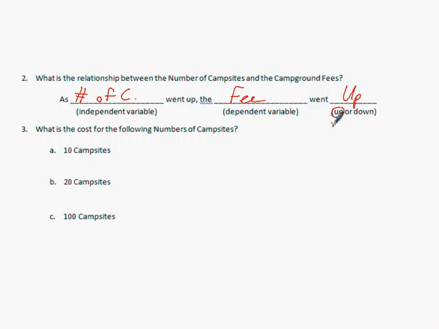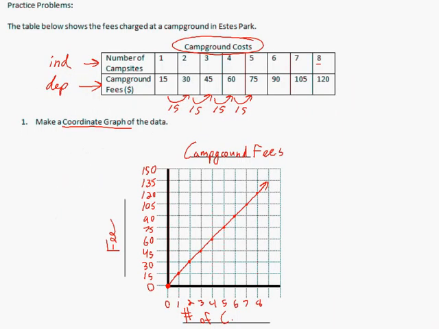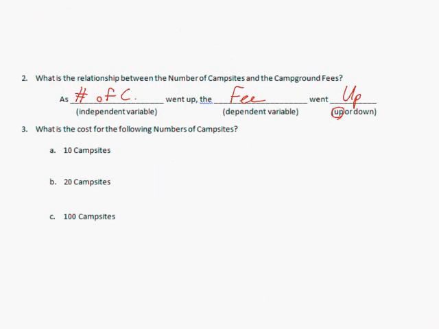Now we want to know what is the cost for the following number of campsites: 10, 20, and 100. 10 is not included on here. It's included on here. So if I go up, I know that 10 costs 150. So I can put that down.